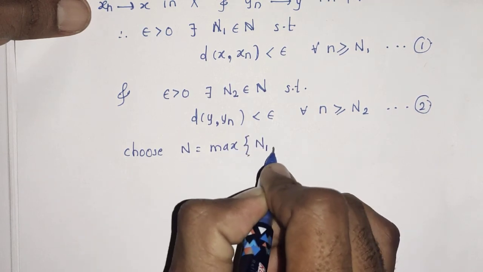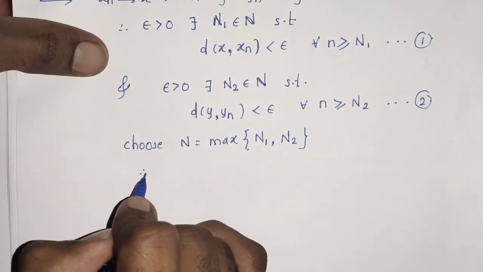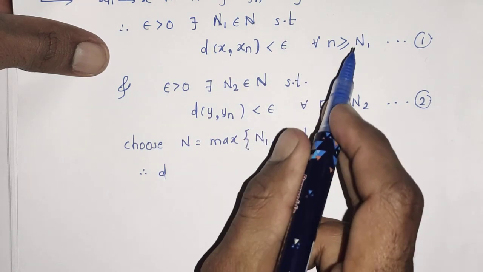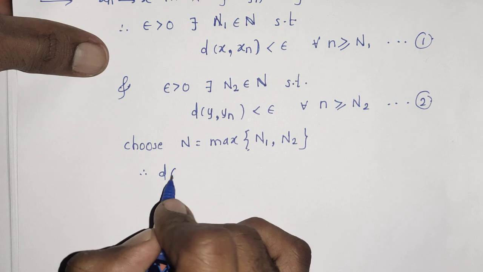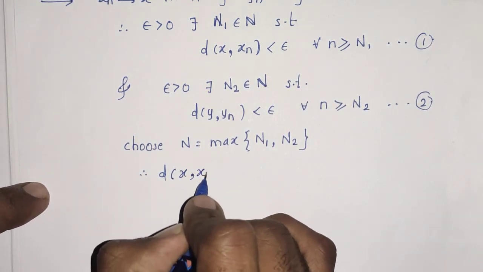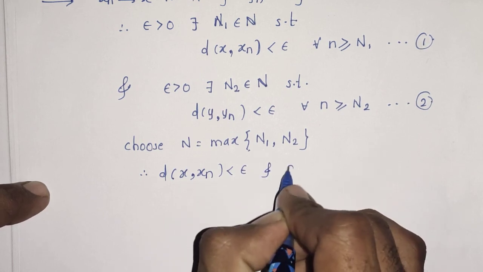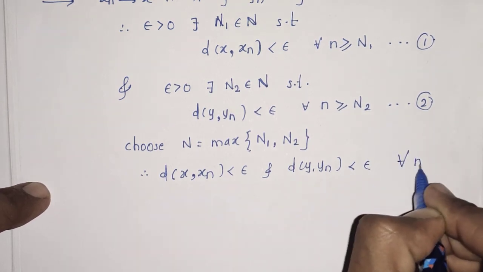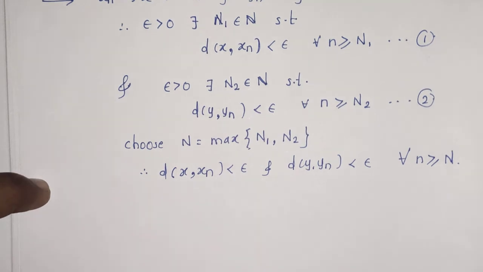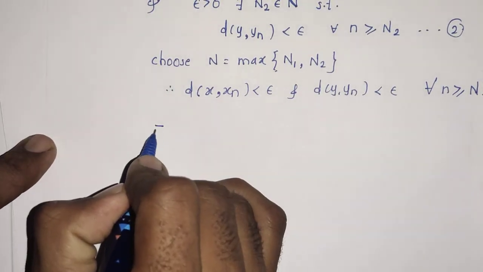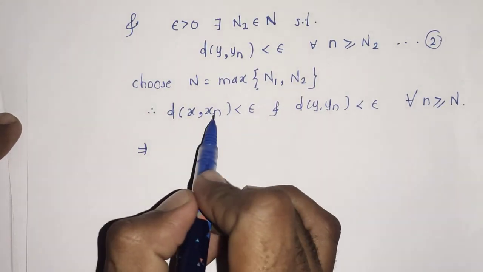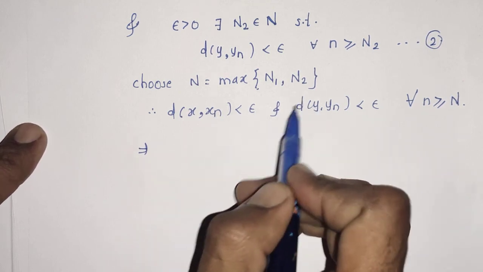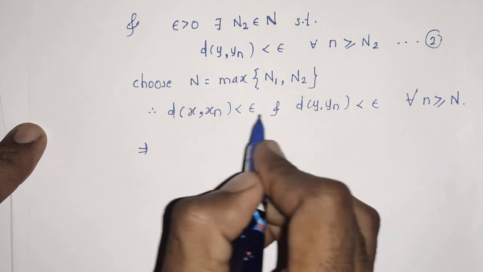Therefore, the distance between x and xn is less than epsilon, and the distance between y and yn is less than epsilon, for all n greater than or equal to N. This implies that the maximum of the distance between x and xn and the distance between y and yn is less than epsilon, because both are less than epsilon, so their maximum is also less than epsilon.